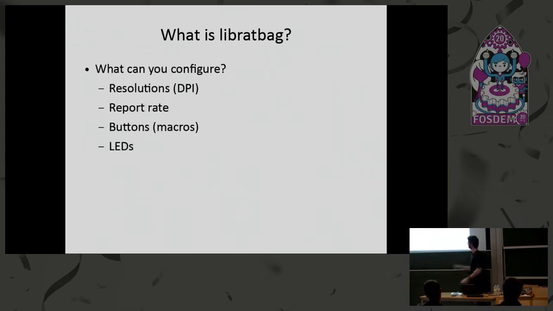So what can you configure with libratbag? You can change the resolutions, so the DPI settings, you can change the report rate, you can remap buttons, you can do hardware macros, and you can change the effects of the LEDs.